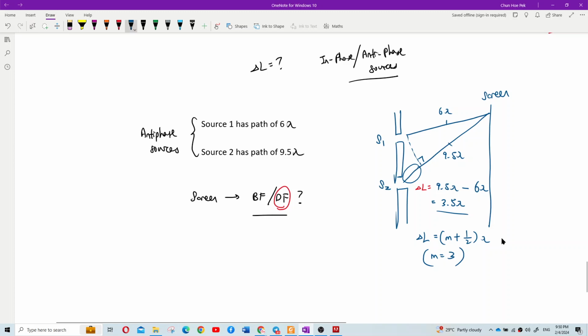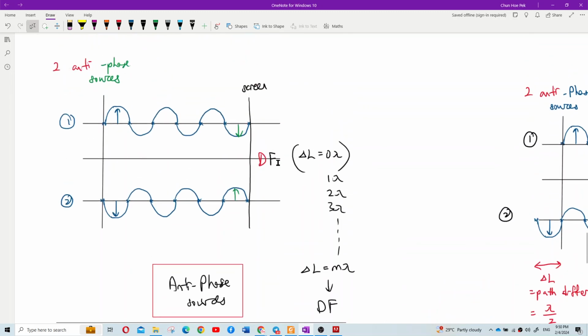But you must check that it is an anti-phase source. Is this formula for anti-phase sources? Let's check what you learned just now.